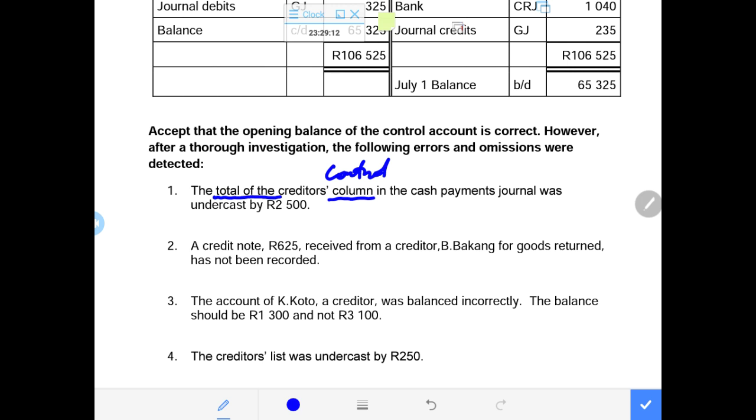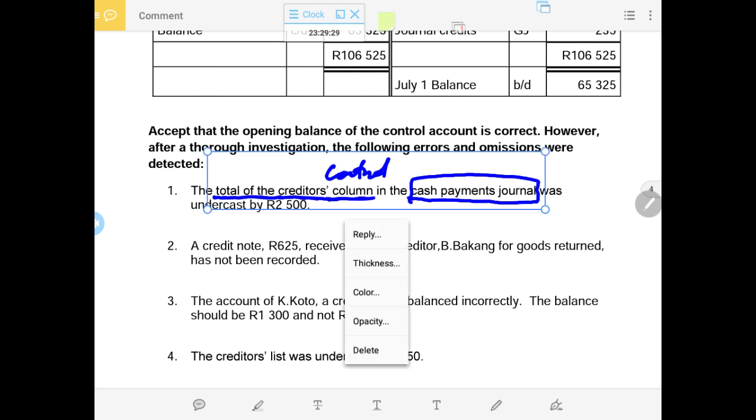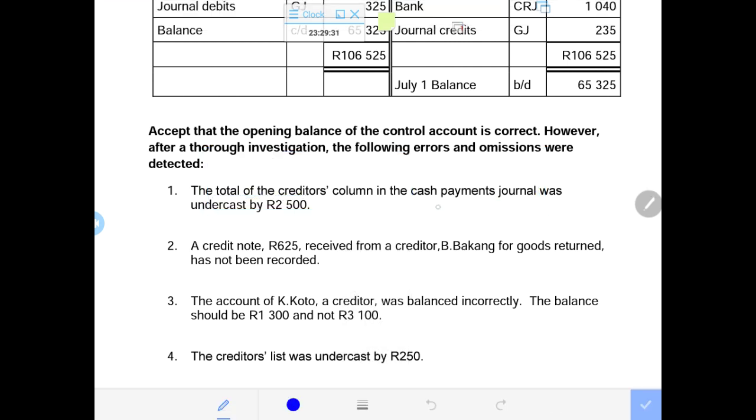They are referring to either creditors control or a cash payment journal if there's a column, but it must be one of the journals, just to be clear on that one. But they say under the creditors column in the cash payment journal, now they clarify that the creditors control column that we are referring to is in our cash payment journal.